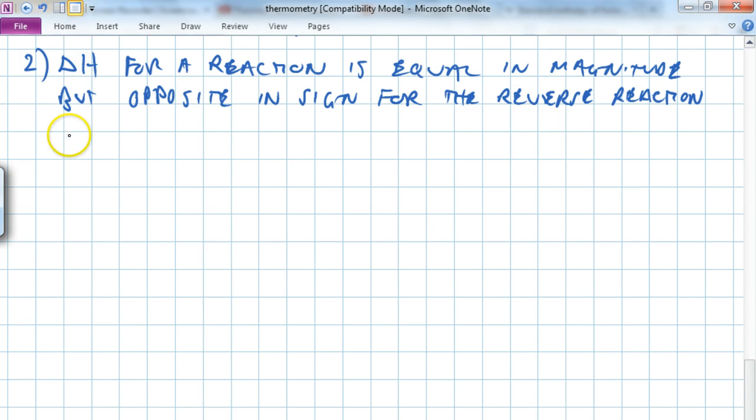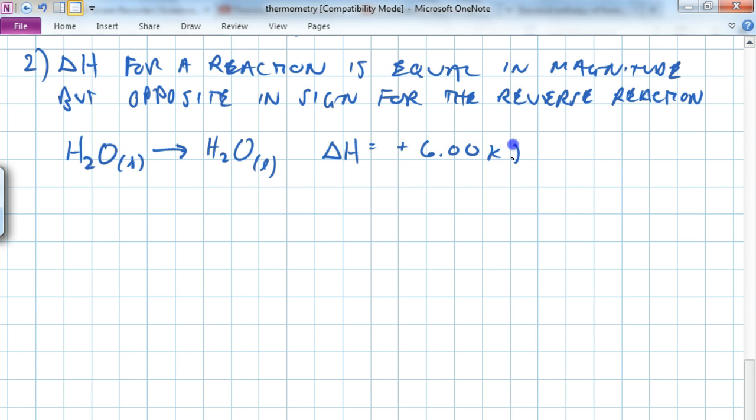So we have something like this. When we're melting water, going from a solid to a liquid, delta H for that process is positive 6 kilojoules.